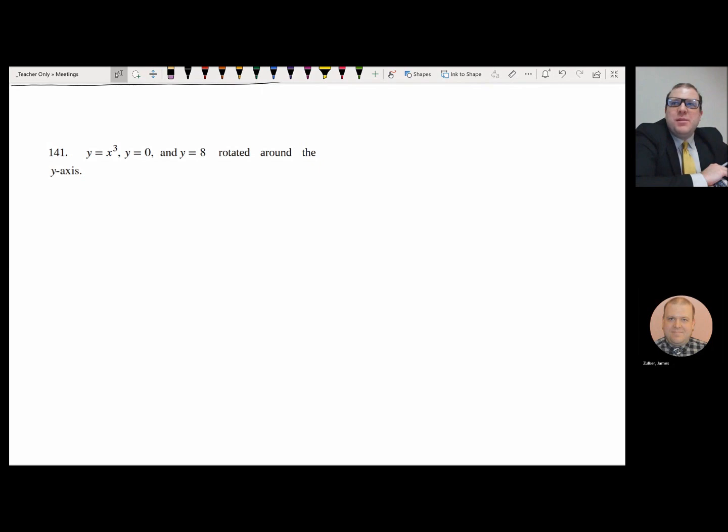Y-axis says we should probably be using shell method. What do we think the limits of integration are going to be? 2. How'd you get 0 to 2? Well, 0 cubed is 0, 2 cubed is 8, so those are the points of intersection.